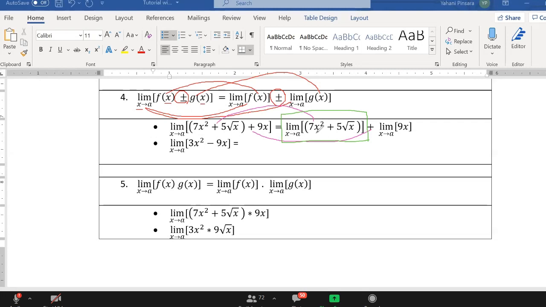Here you have a function of x, and here also you have a function of x, so the variable of the limit is also x. So you can apply this rule to solve this function.